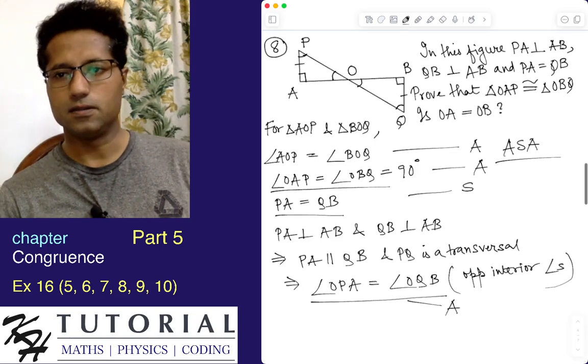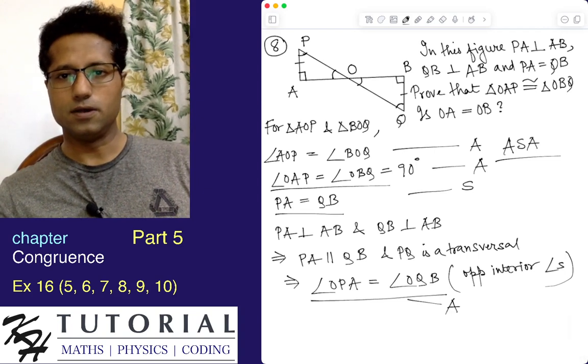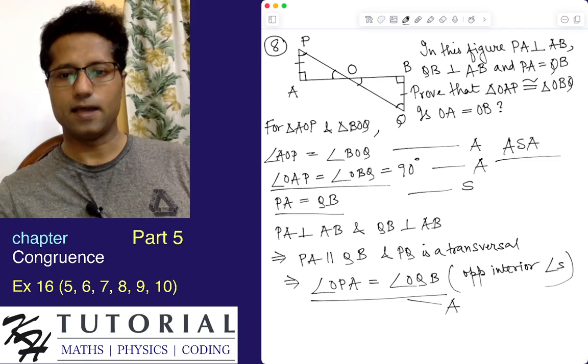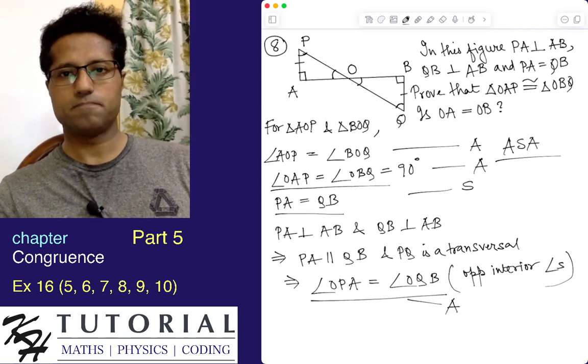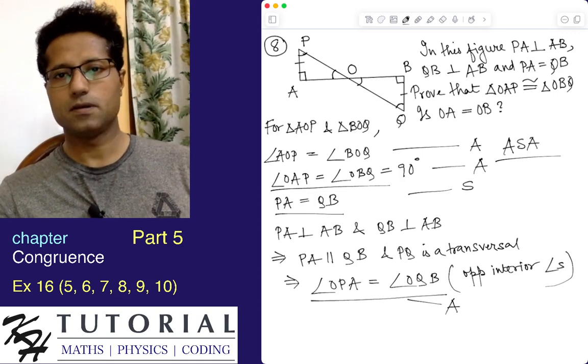Using these we can apply the ASA congruence condition, because in triangle AOP, the right angle at A and the angle OPA include the side AP or PA.